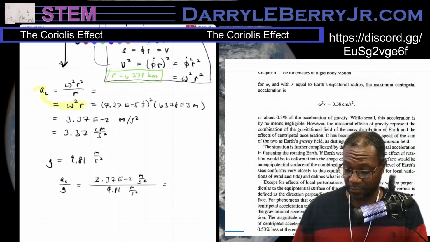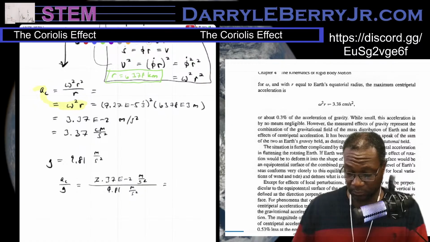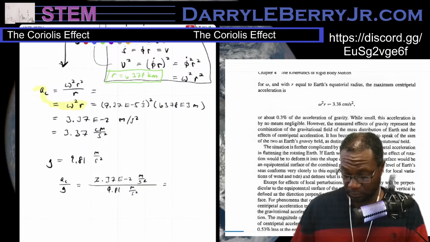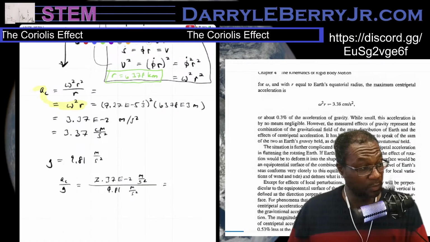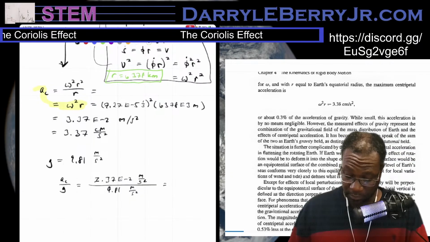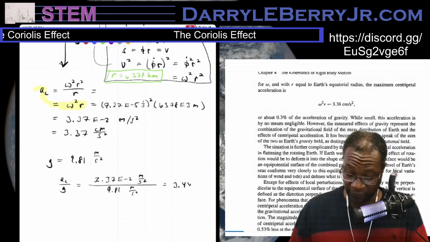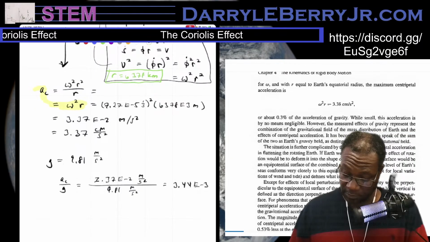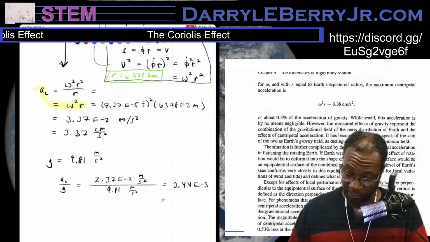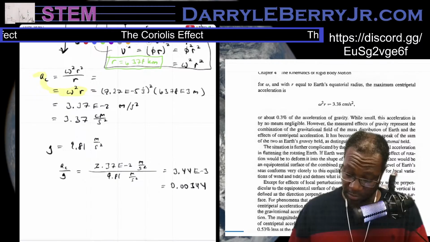So this is going to be 3.4 times 10 to the negative 3. So this is going to be 0.00344. This is going to be 0.3%.